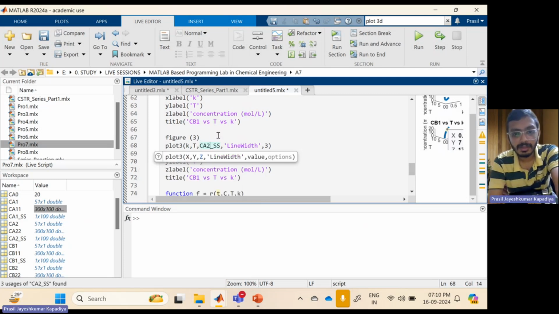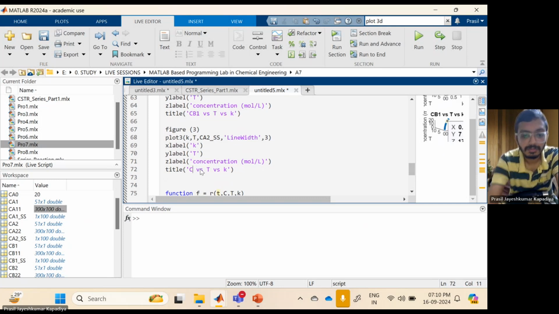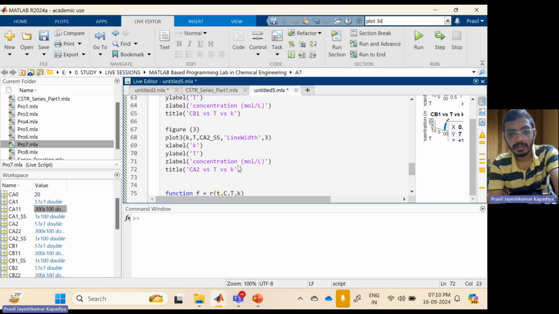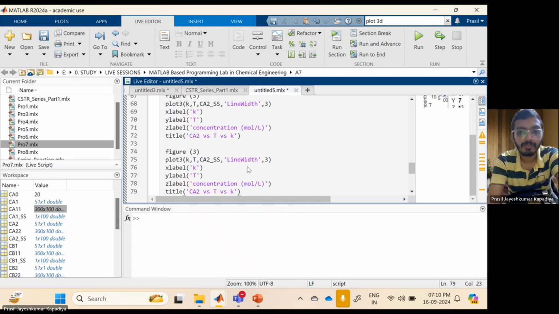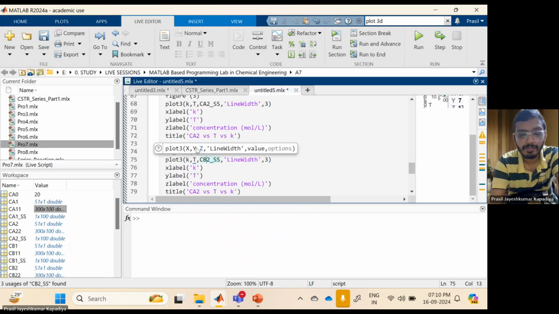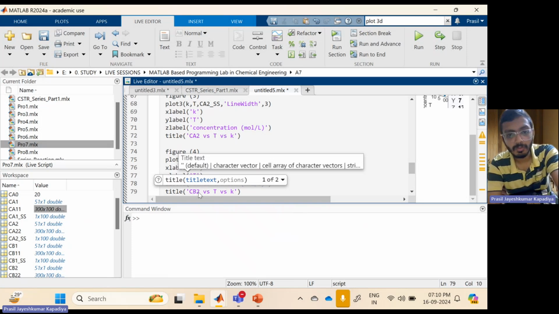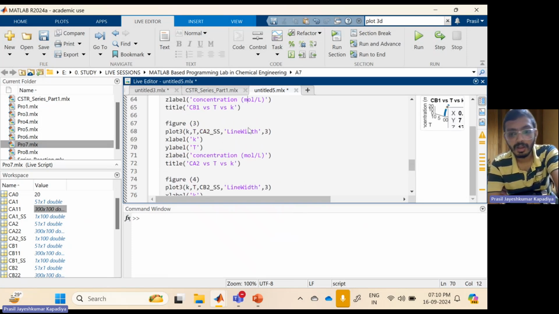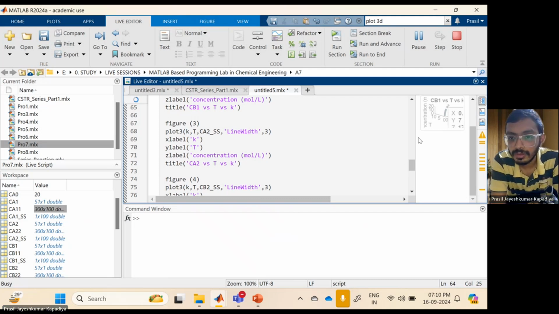And CA2. And similarly for CB2. Is C2. So let's try to run this code.